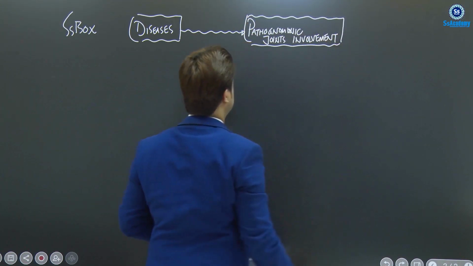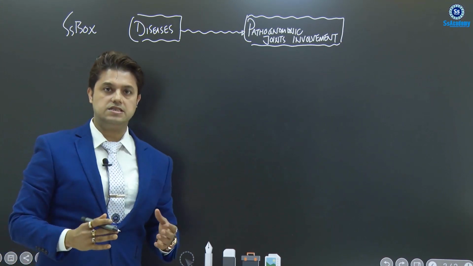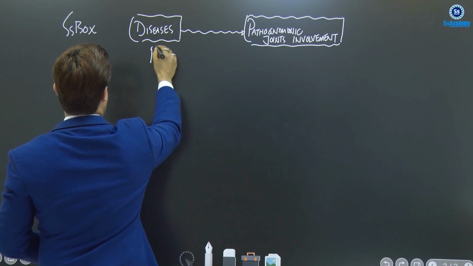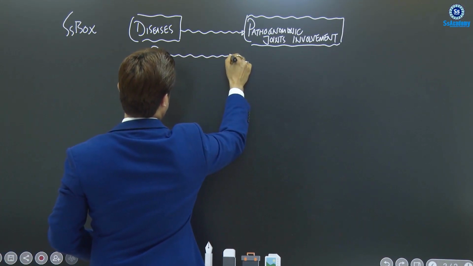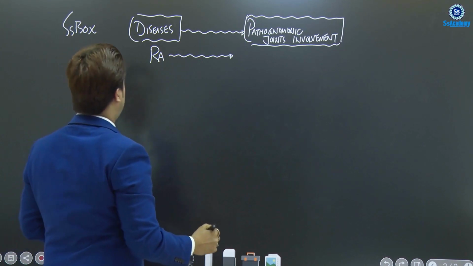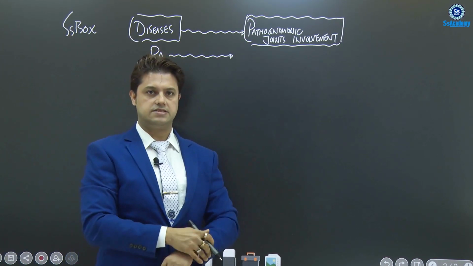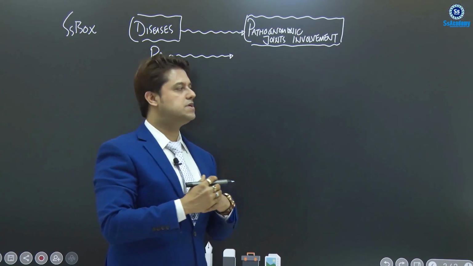Let me start with the very important disease, rheumatoid arthritis. You can write down rheumatoid arthritis. We already learned the symmetrical polyarthritis of the small joints of the hands, most typically the MCPs, my dear.